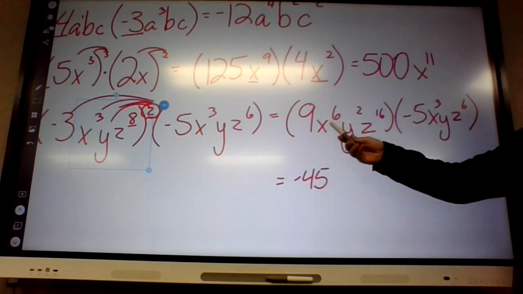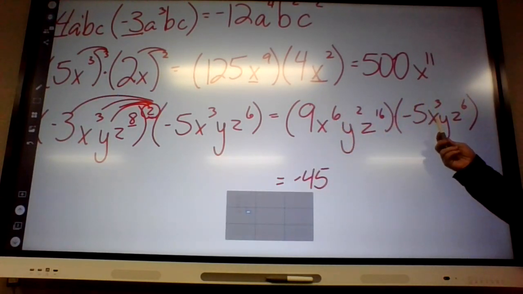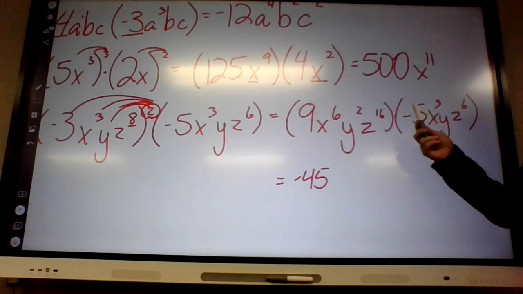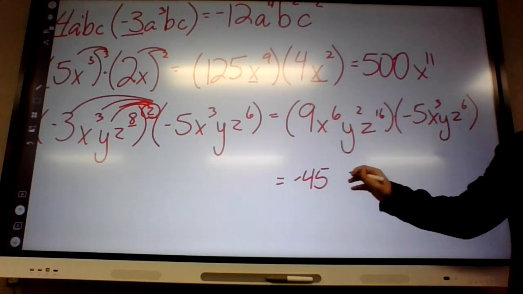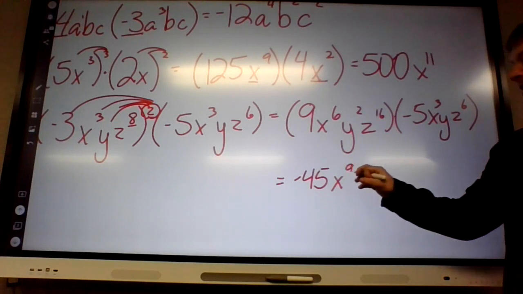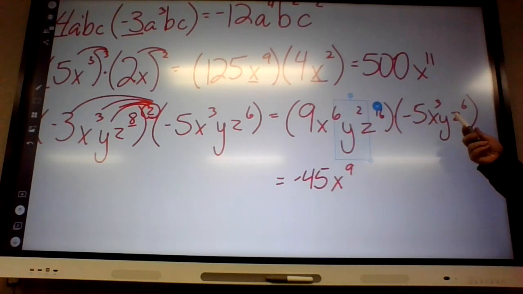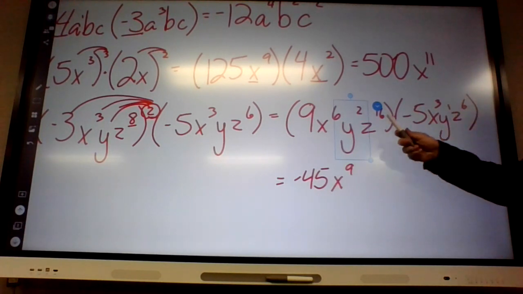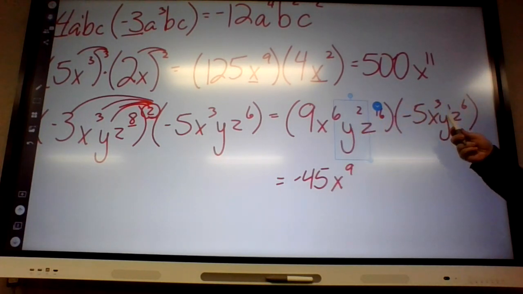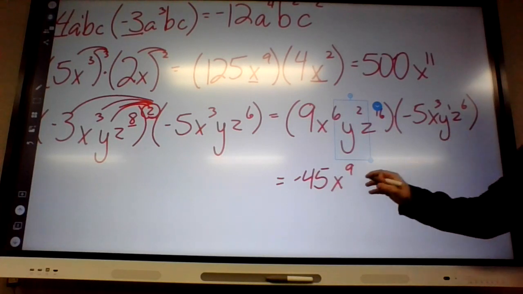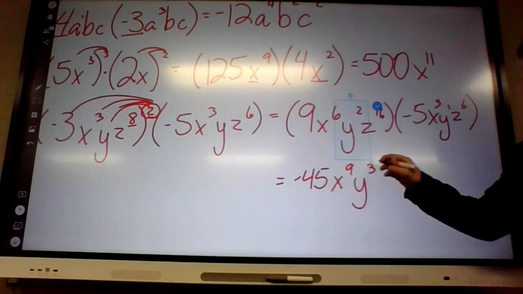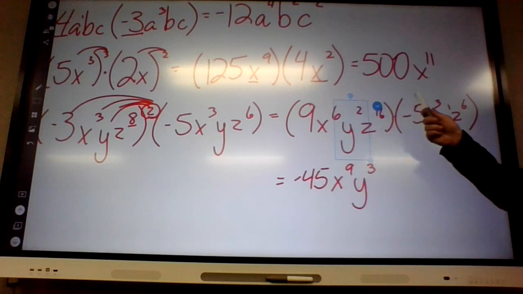Okay, x to the 6th times x cubed, are we adding or multiplying? Adding. x to the 6th times x cubed is x to the 9th. Y squared times y. Now, a couple of you test takers weren't in here. When there's no exponent on the y, what exponent is on the y? 1. So when I do y squared times y, how many y's am I multiplying together? 3. 2 plus 1.